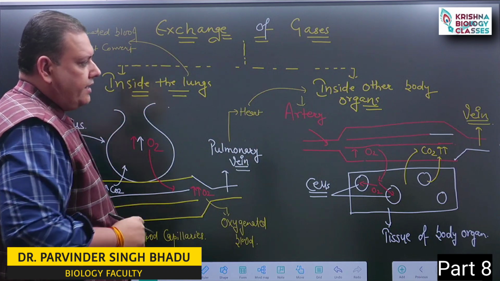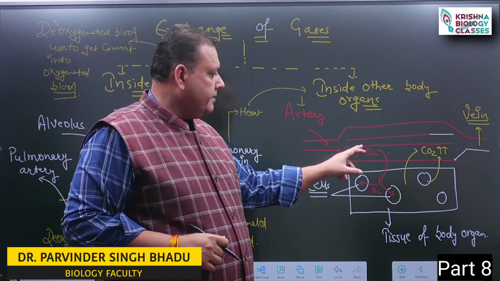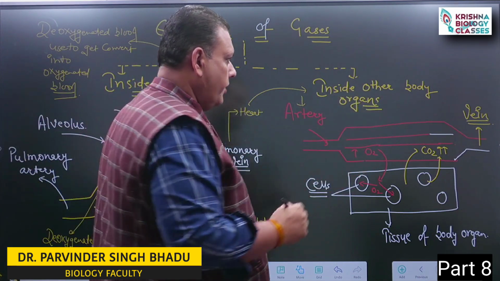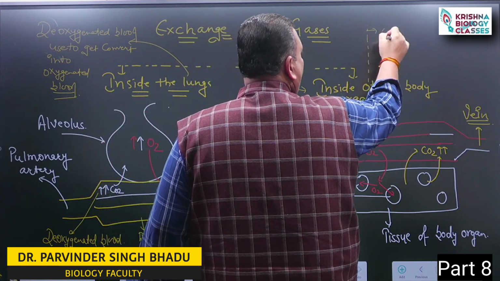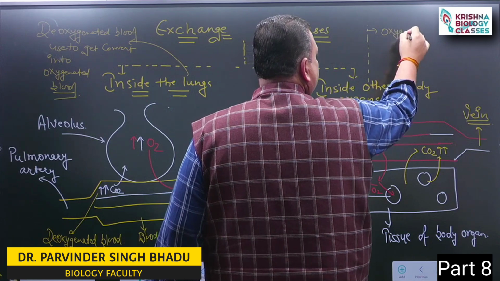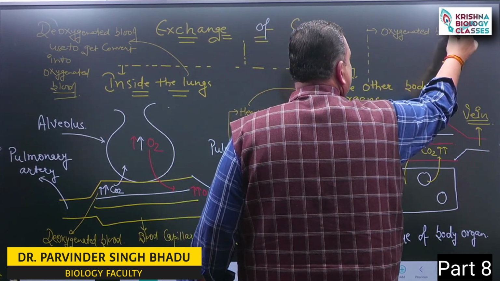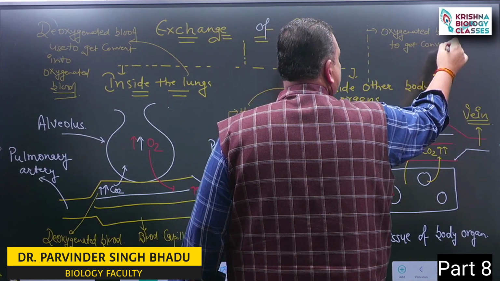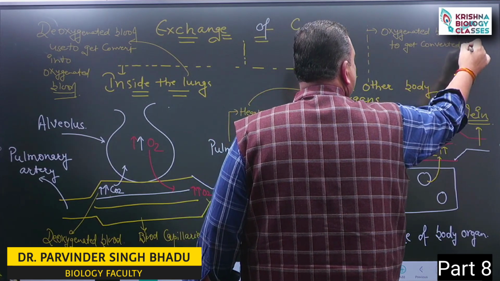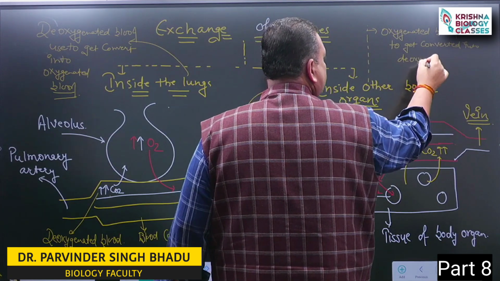help of arteries. Now the artery brings oxygenated blood to the body organ. So here, what will happen? Oxygenated blood gets converted into deoxygenated blood.